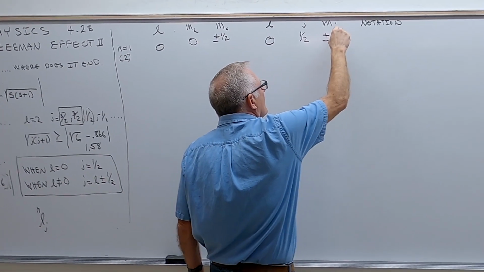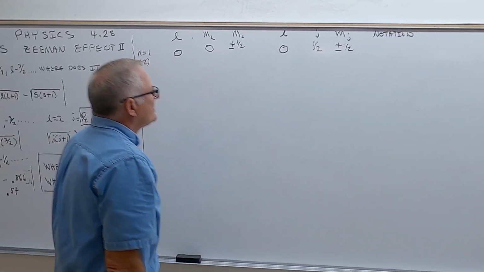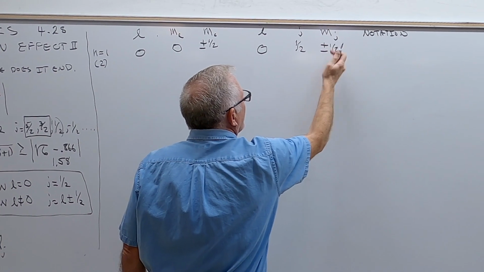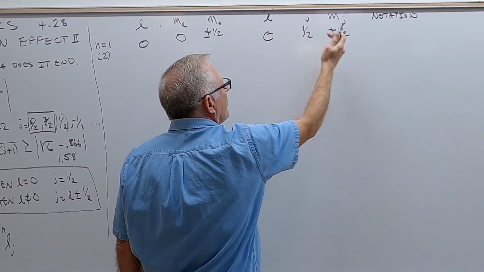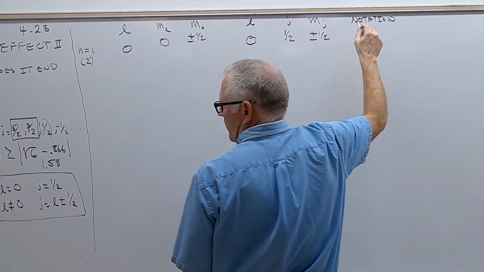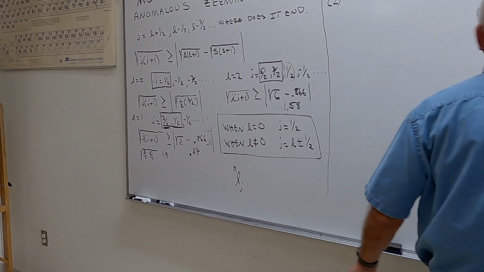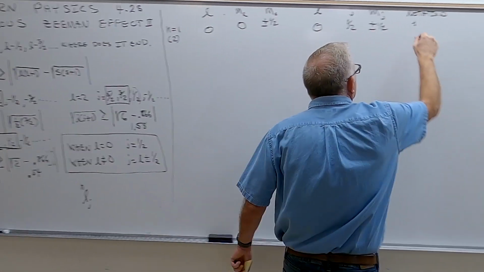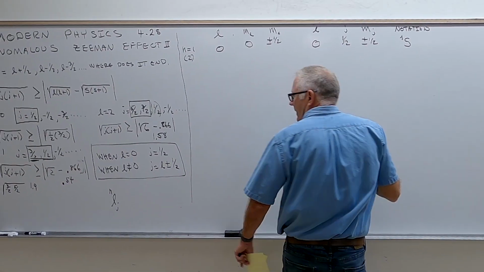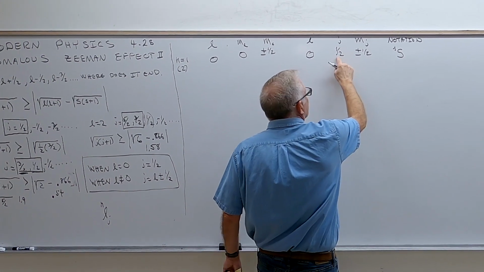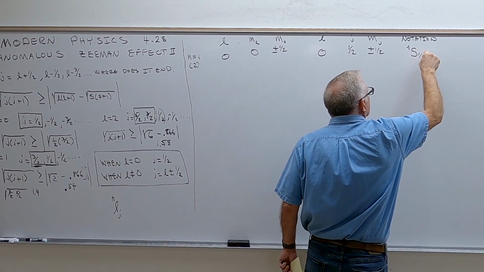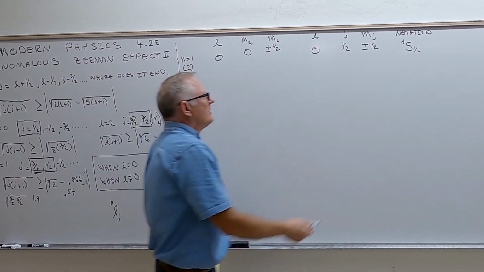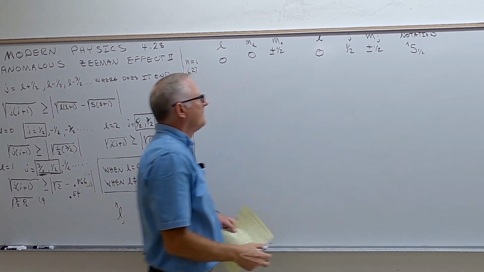There are two states here, 1, 0, 1/2, 1/2, 1, 0, 1/2, minus 1/2. The notation would be like this. It'd be n, which is 1. Then the L, which was S. And then sub j. Well, j is just 1/2. So they would write it like that. 1s 1/2. The m sub j isn't in the notation right there.